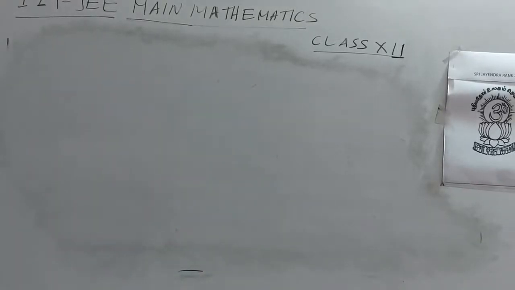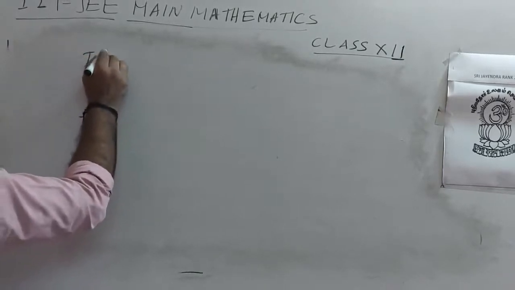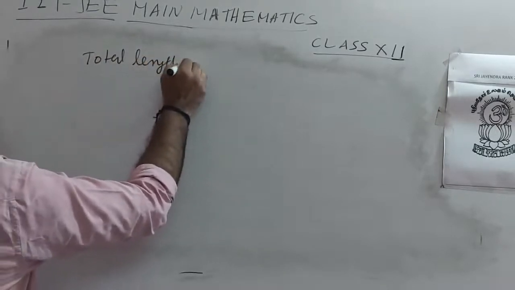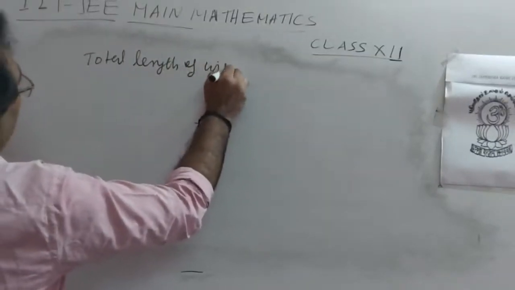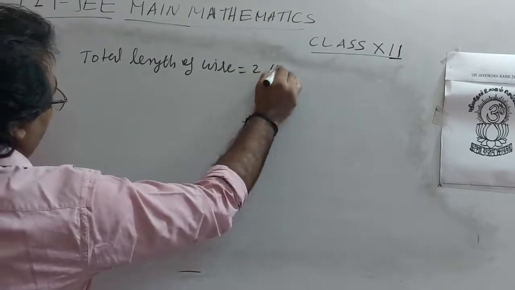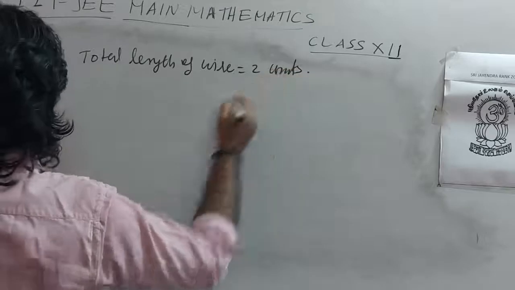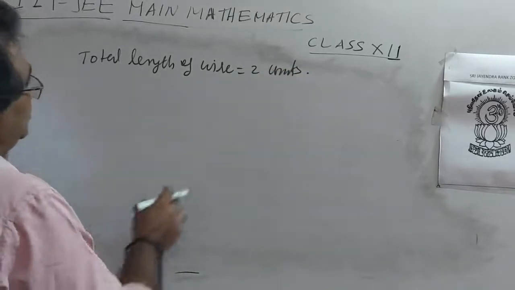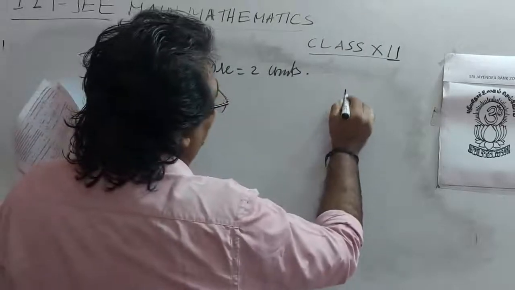So total length of wire is 2 units. So we have to make 2 parts.